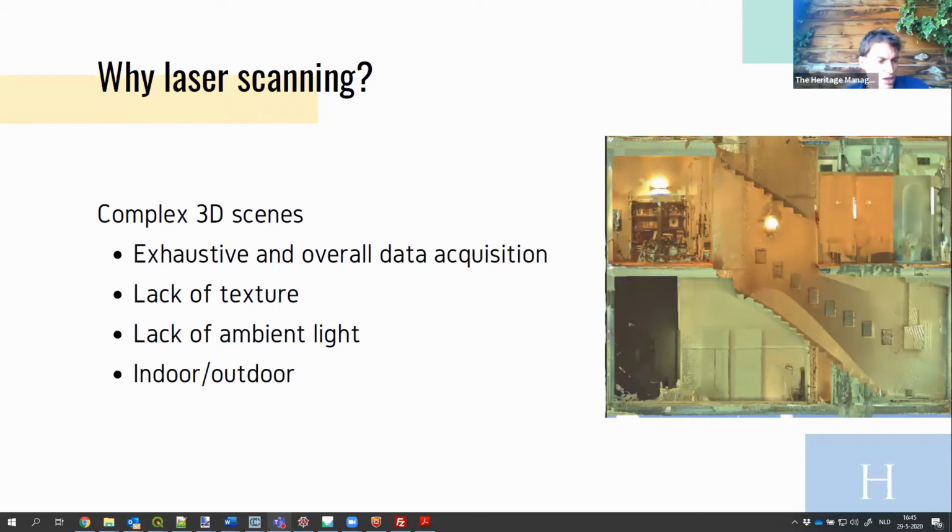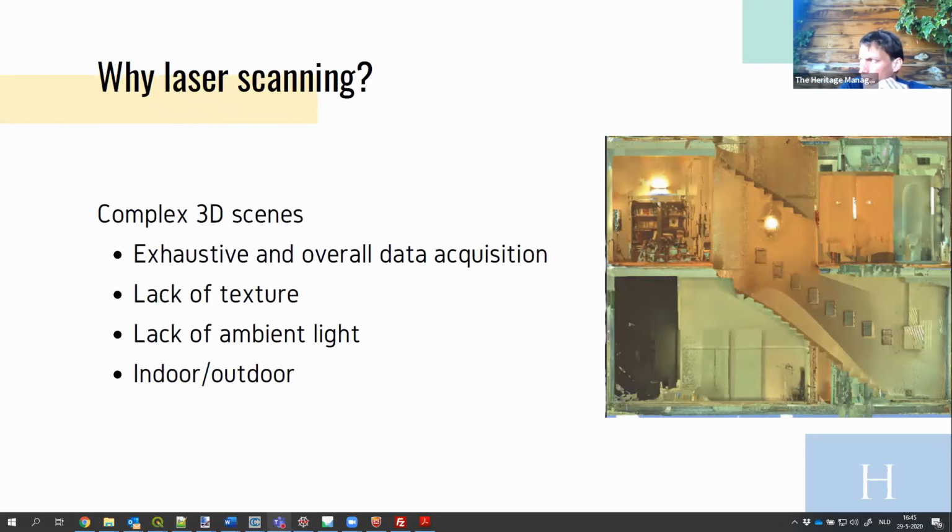For example, a white box or a box without any contrast in it. In that case, it's extremely difficult or maybe even impossible to use photogrammetry. But if you want to make a 3D model of that object, laser scanning is a very suitable way of having a geometrical representation. Also, the lack of environmental light: even in dark rooms, we will be able to use laser scanning because of this active recording system.